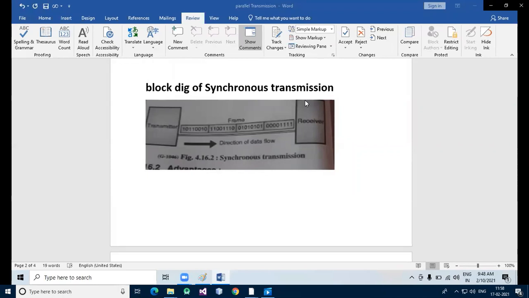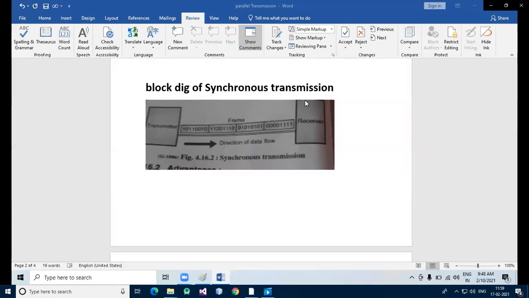An application of asynchronous transmission is communication between a computer and a keyboard. In synchronous transmission, it is communication between two computers. So communication occurs between two computers in synchronous, and communication between keyboard and computer occurs in asynchronous transmission.